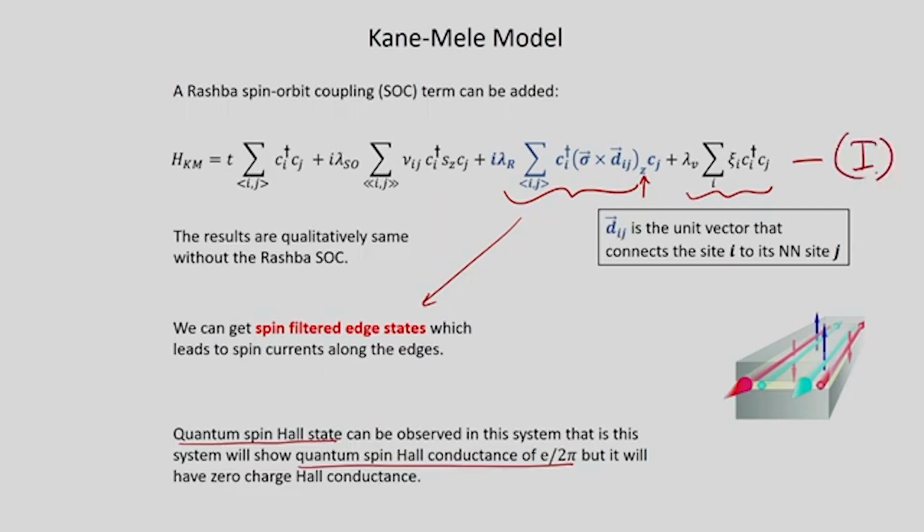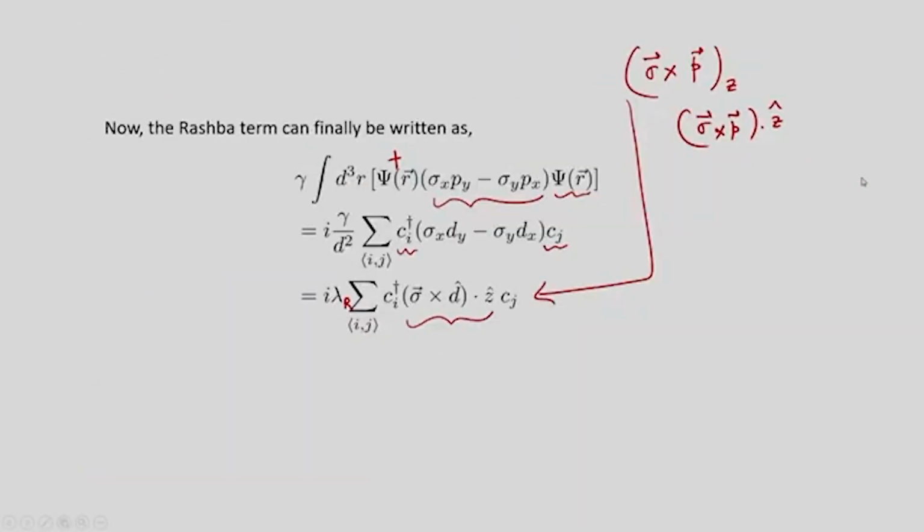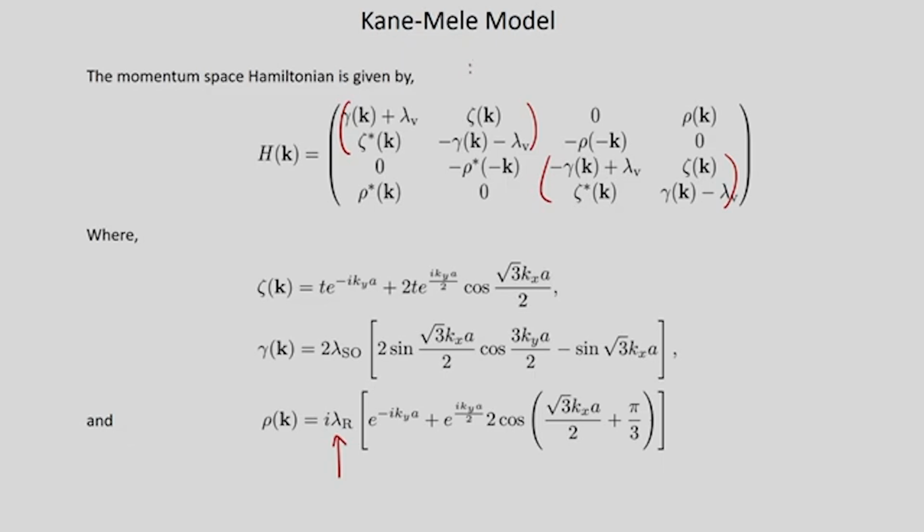So, this Hamiltonian is the most important equation, and let's call it capital 1. Okay, and this is obtained by Fourier transforming equation capital 1.